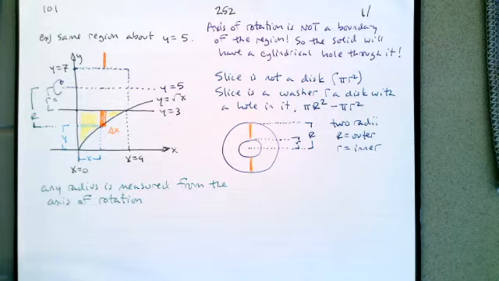Now we're in the same situation we were before. The volume of the slice is going to be the area of this washer, which is just a disk with a hole in it. So pi times big R squared minus pi times r squared, times delta x.